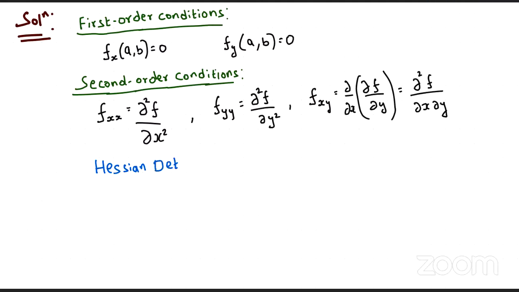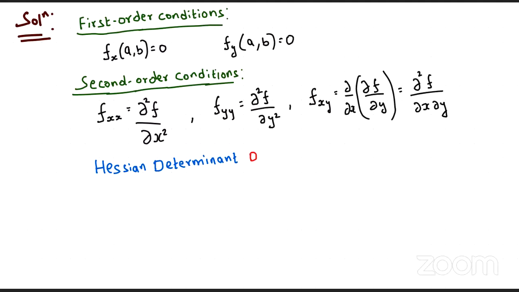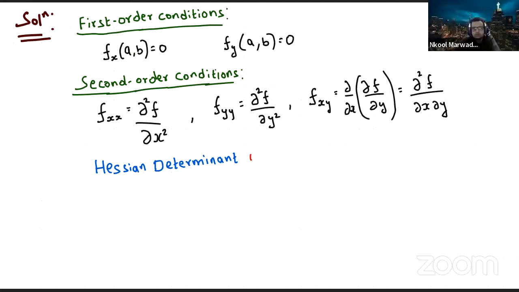Like fxx fyy minus fxy whole square. This is the formula, right? Let us memorize it. Very important formula. You should be knowing it, you should remember this.